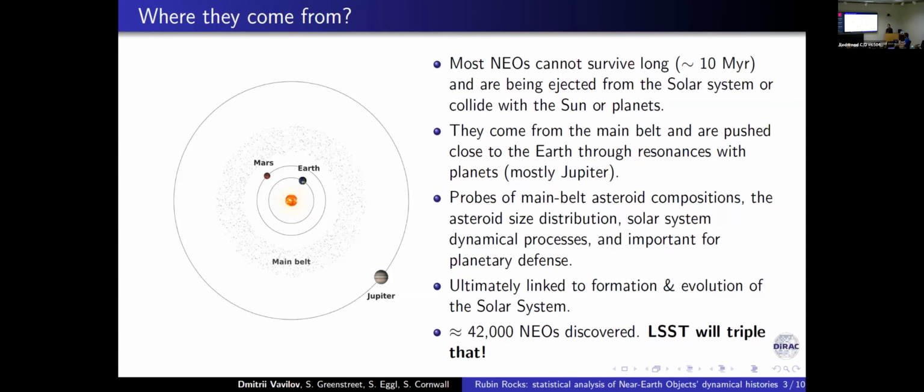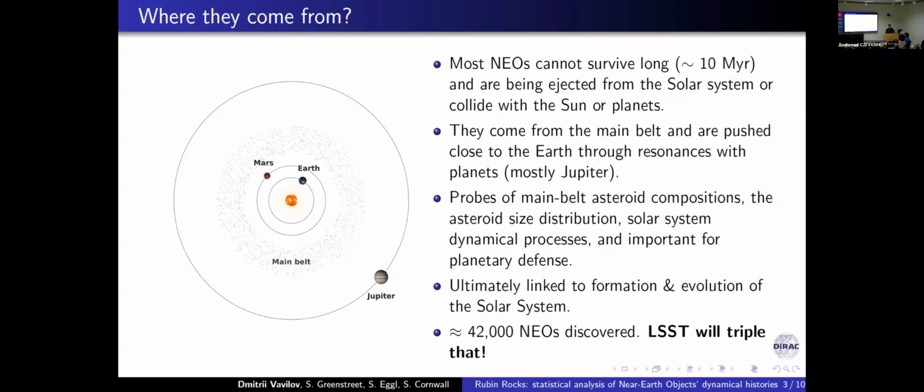And yes, they do come from the main belt, from several regions of the main belt, which are mostly associated with resonances of some planets, Jupiter and Saturn. But that actually means that these near-Earth objects are probes of those parts of the main belt. Right now, we know about 40,000 near-Earth objects, and LSST should hopefully triple that number.